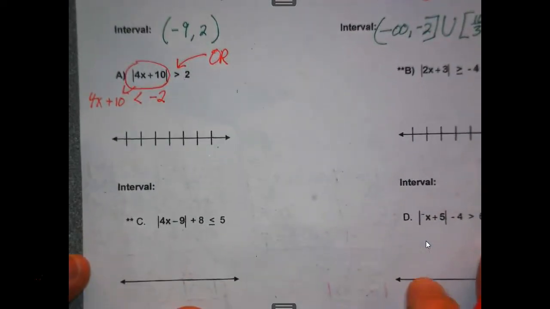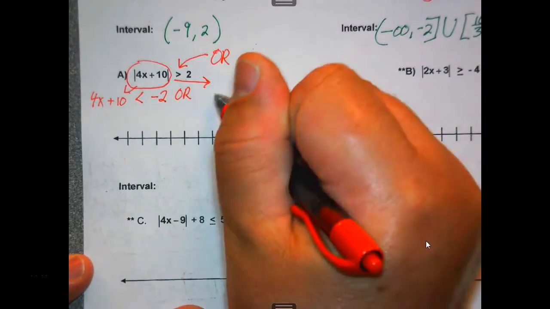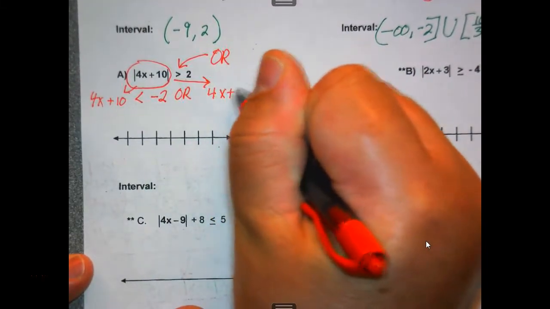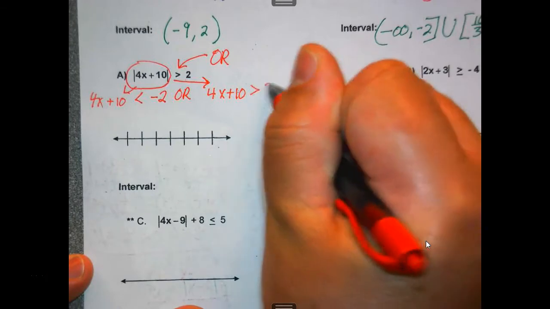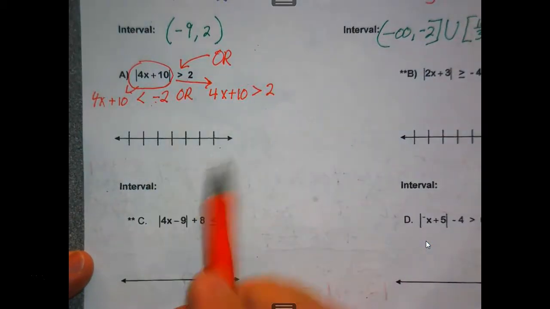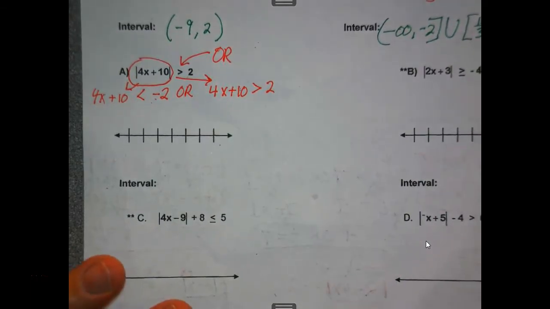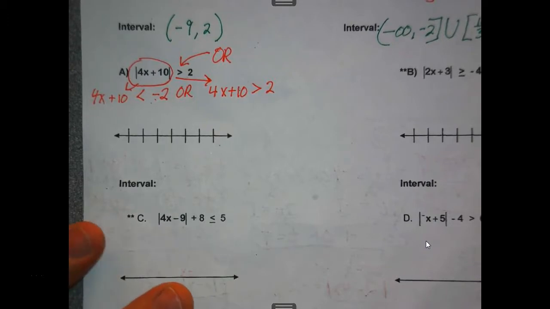Or 4x plus 10 is greater than 2. See how I got my less number here and my bigger one there so I don't get confused. Just easily done. All right, solve for x.